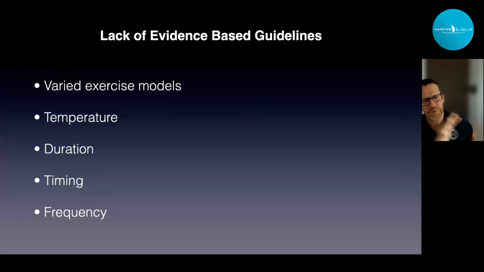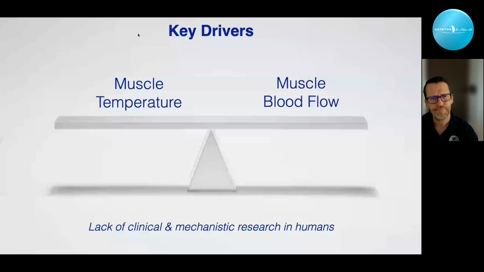So all these factors have been massively varied, which makes it really difficult to get some consensus in terms of what's a dose response relationship between these variables and, for example, some of the data I've shown you. And clearly some of the limitations on that are cost and other things of using apparatus such as PET scans, which we need to understand the mechanism better.